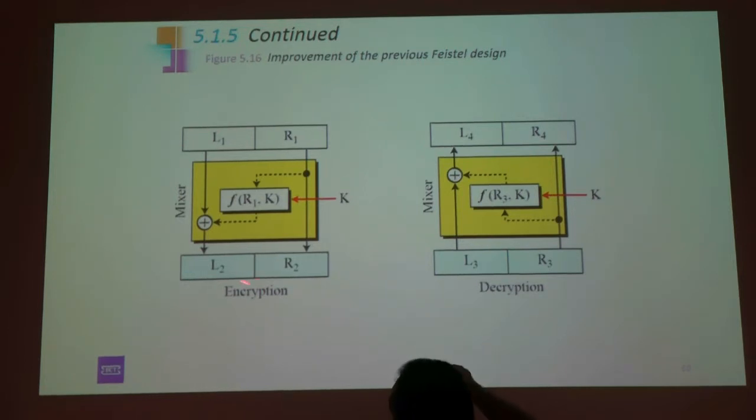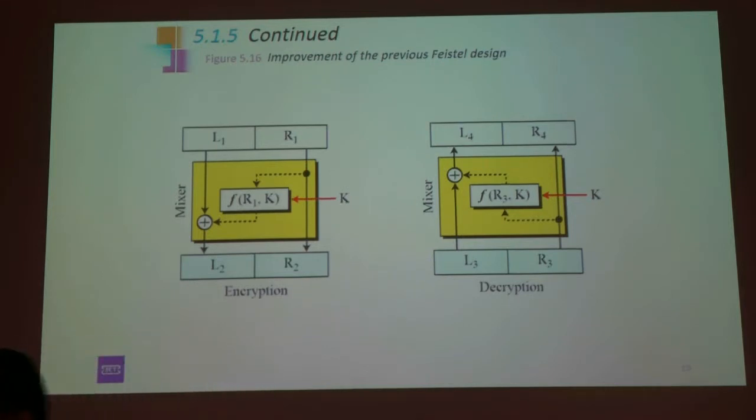So L2 does not equal L1. L2 equals L1 XORed with the right side after it's manipulated with the function. But R1 equals R2.